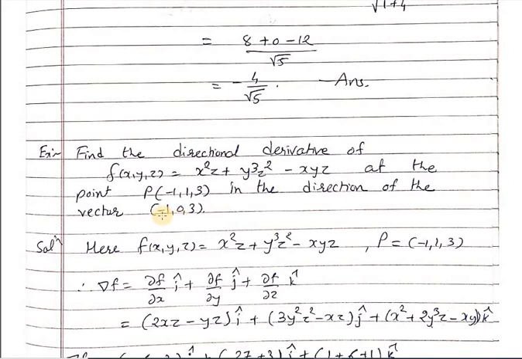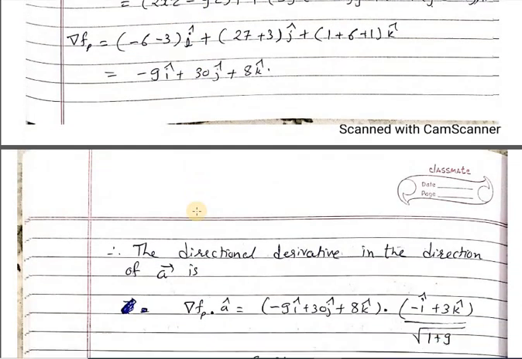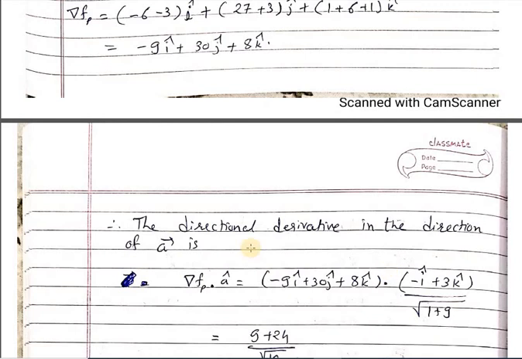If we write this in the form of i, j and k, it will be minus i plus 0j plus 3k. Since we require the unit vector, a cap will be given by (minus i plus 3k) divided by the modulus of it, that means under root of minus 1 squared plus 3 squared.